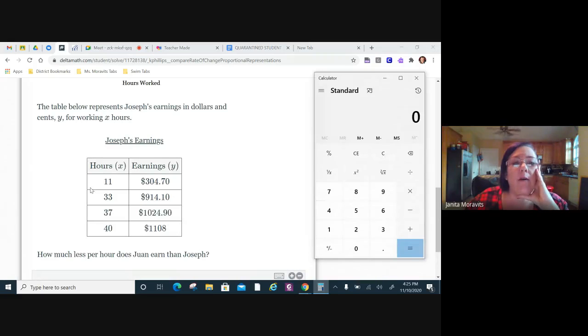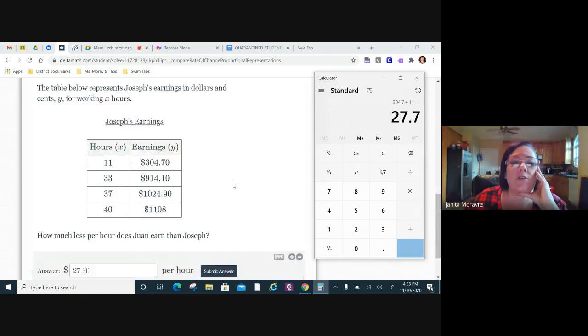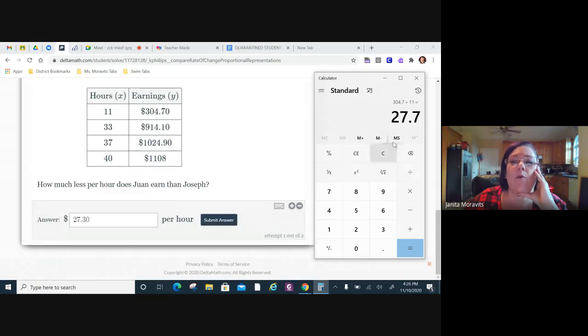Now we need to know how much Joseph makes per hour. Well, in 11 hours, he makes $304.70. So we have $304.70 divided by 11 hours. So he makes $27.70 per hour.